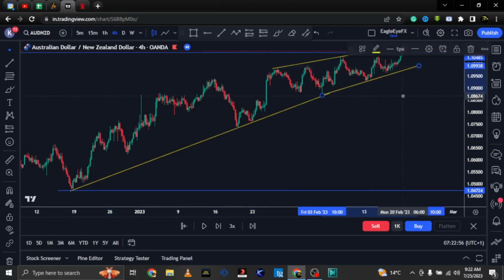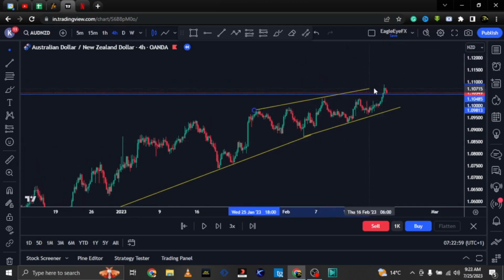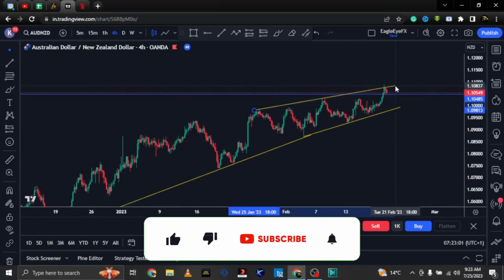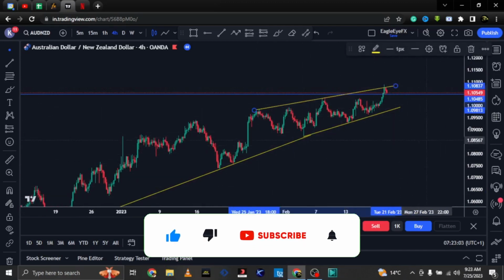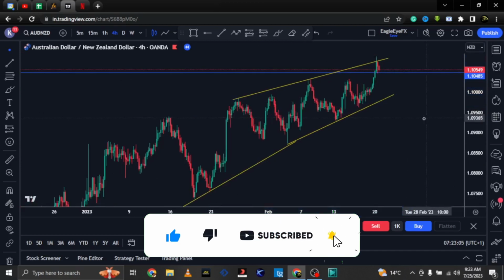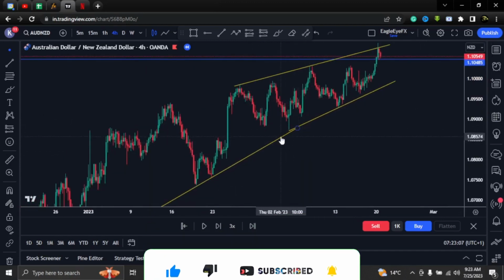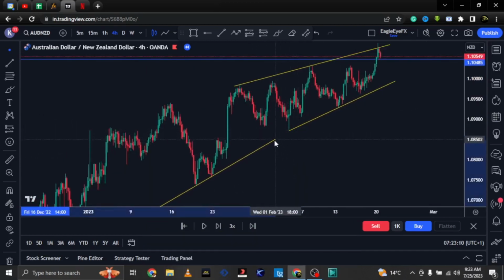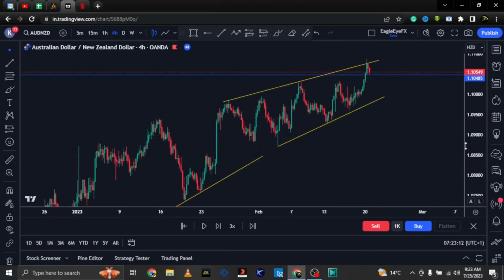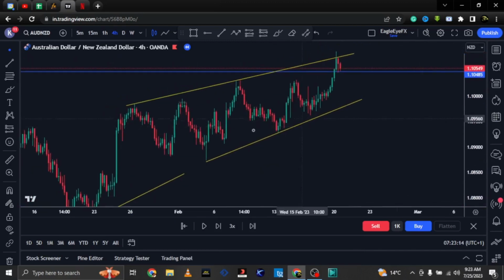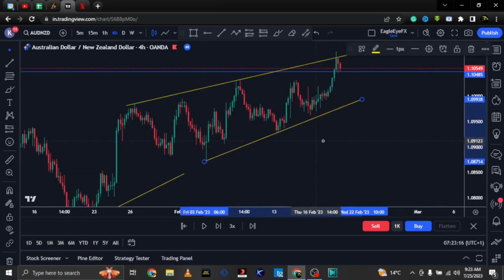Then we just extend this. We're going to extend that over there, and now you can see clearly the structure has really formed. Look at that. You can see clearly that the structure has formed.